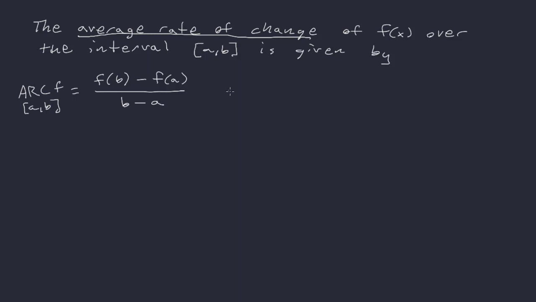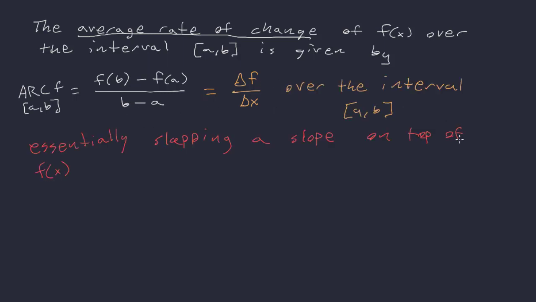This is essentially just calculating a slope across a function, right? Because up top here, this is just a delta f, or technically our delta y, over delta x over this particular interval. So it's essentially slapping a slope on top of f of x.